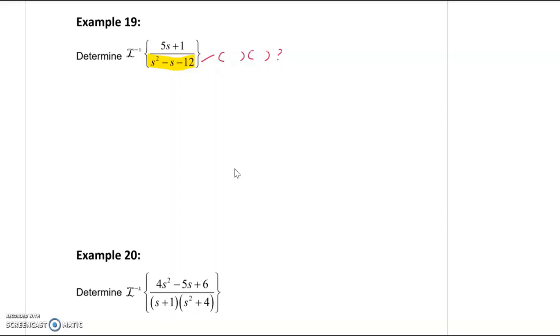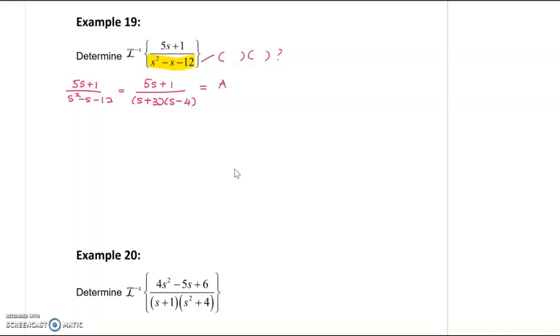So if we take 5s plus 1 over s squared minus s minus 12, we know the denominator can be written in the form of s plus 3 times s minus 4, meaning it is possible to factor it in the form of bracket times bracket. At the top, it is maintained to be 5s plus 1. By the partial fraction decomposition, we have linear factors: s plus 3 is linear, s minus 4 is also linear.